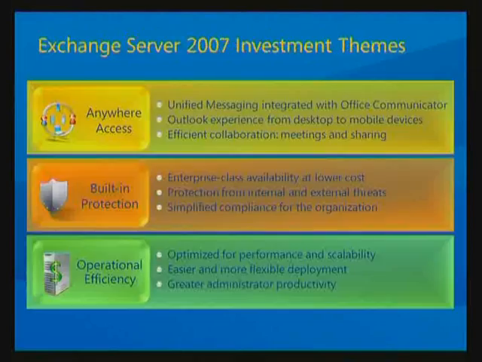So with Exchange Server 2007, just to get an overview of where we were coming from, we had three themes. So first, anywhere access. And this is really focused on your end users. This is primarily around giving that rich Outlook experience that your users love, and having that available on not just the desktop through Outlook, but also on the web through Outlook Web Access, and then through your mobile phone as well.